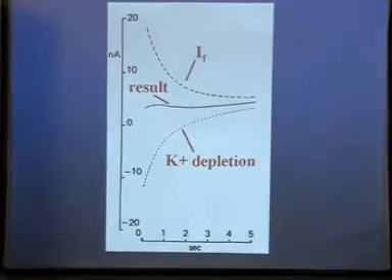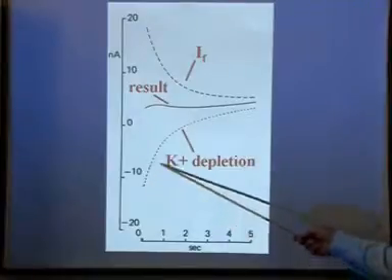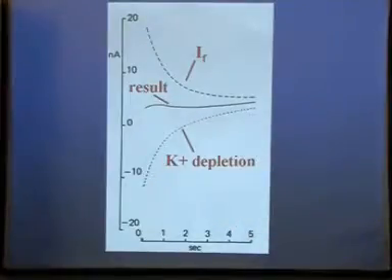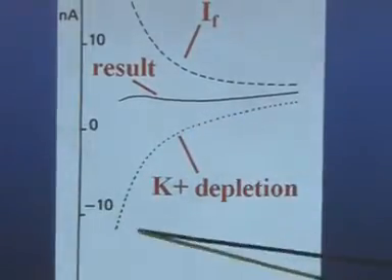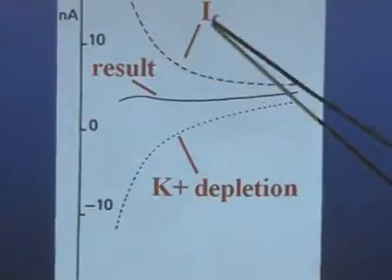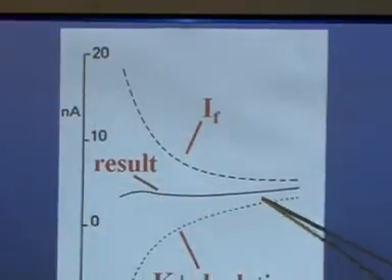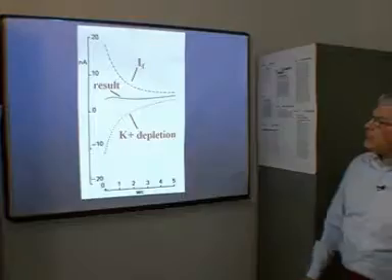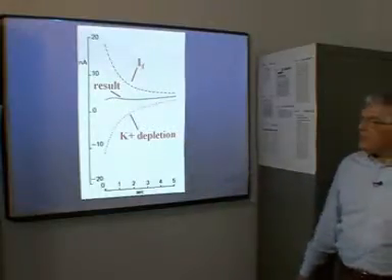How could an inward current become an outward current? Well, this was due to an artifact. The depletion of potassium from the extracellular spaces gives rise, during a hyperpolarizing step, to a transient, an inward decreasing transient that overlaps the activation of If and gives rise to a time course of the current that appears to create a reversal.